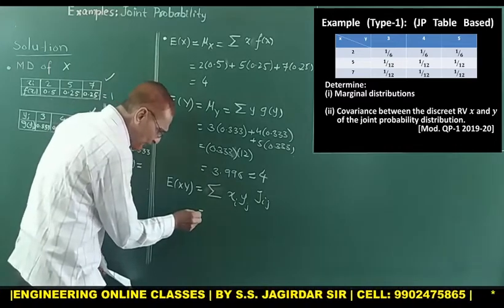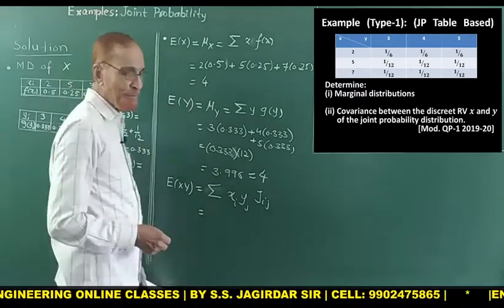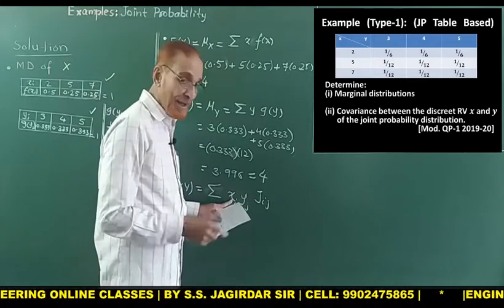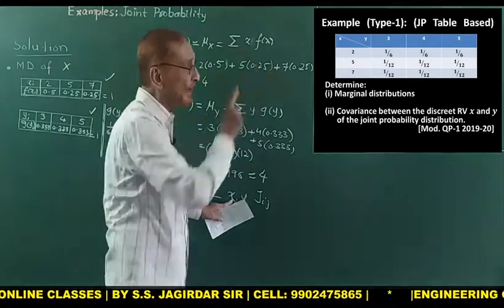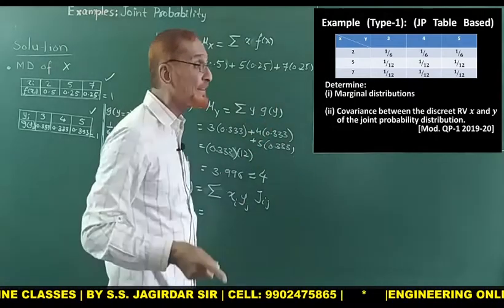That is equal to, first I will begin with x value 2. 2 will be paired with 3, 2 will be paired with 4, 2 will be paired with 5. So all these pairs and their corresponding j values are taken.